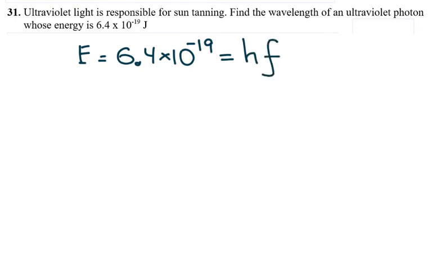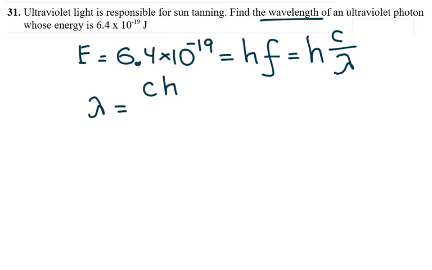They ask me to find the wavelength, so I'm going to replace the frequency with c over the wavelength. So the wavelength is equal to the speed of light times Planck's constant divided by the energy.